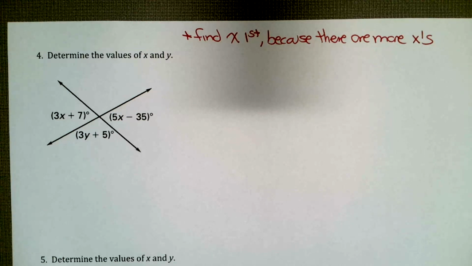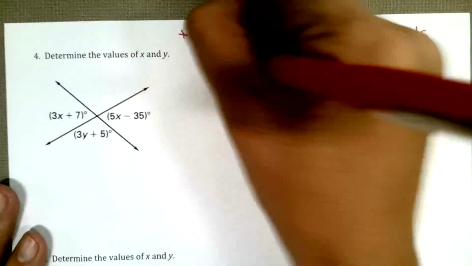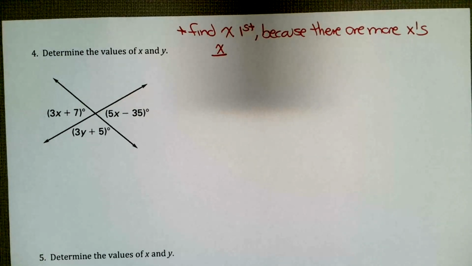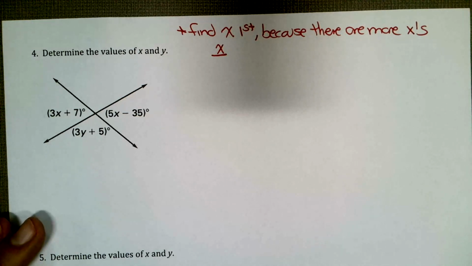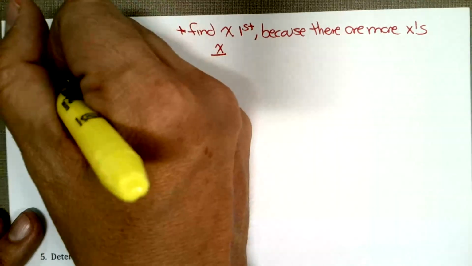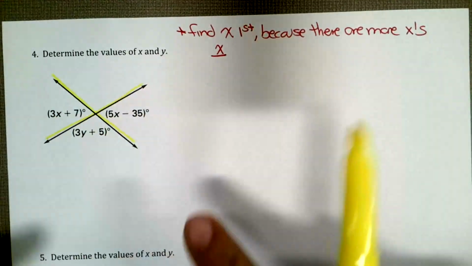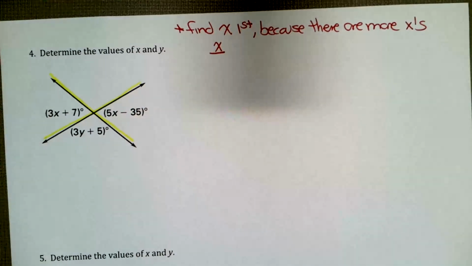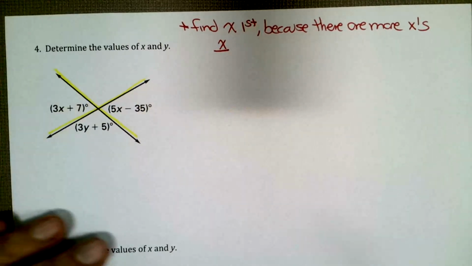And so then I'm going to set up, I don't have the lines here, but we're going to think through the same questions. So for x, question 1, what types of angles or angle pair do I have? We have lines intersecting, and these are where the x's are. So those are the opposite angles.